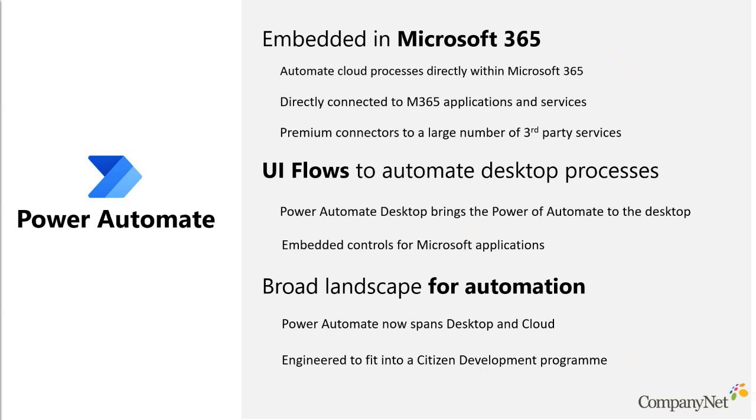And then it's engineered to fit into a citizen development program with its free licensing for the end users. They're free to build processes, automate elements of the business. And then that can be brought through the citizen development program, where it can be approved and then released to the organization. So a great way of getting it through there.